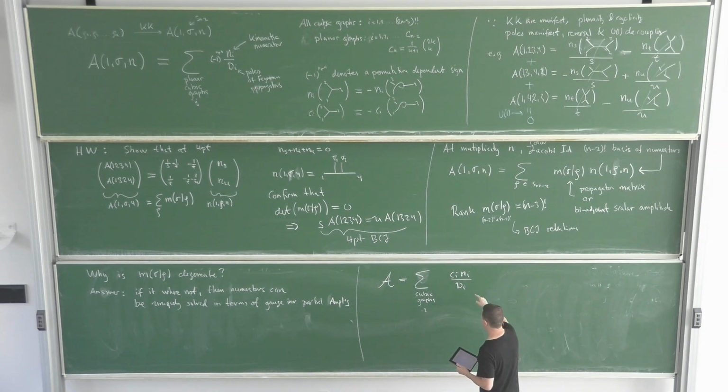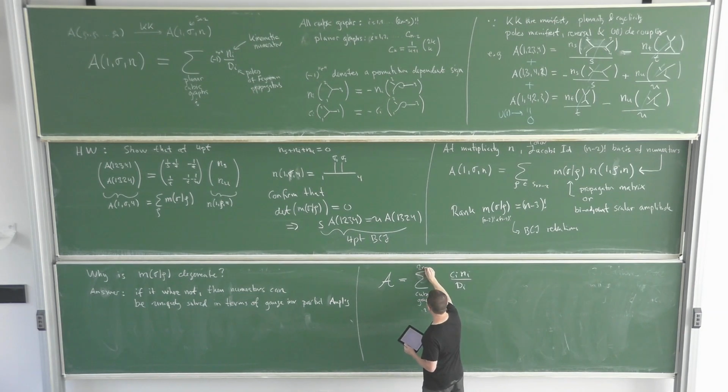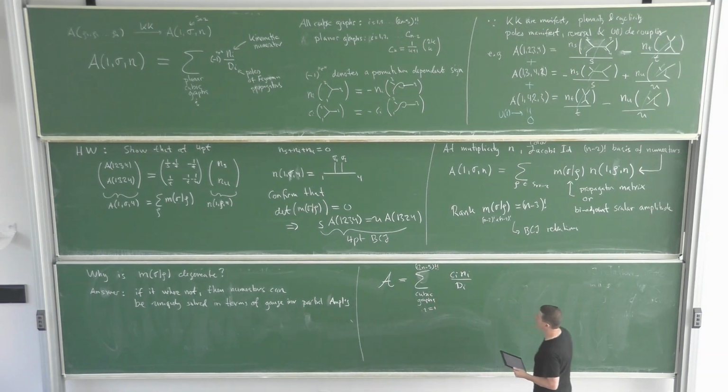Last lecture we called Ni over Di some kinematic coefficient. It's not really a partial amplitude. Now we're just going to write it as ni over di, summing over all cubic graphs, going from 1 to (2n minus 5) double factorial. That is all the cubic graphs.